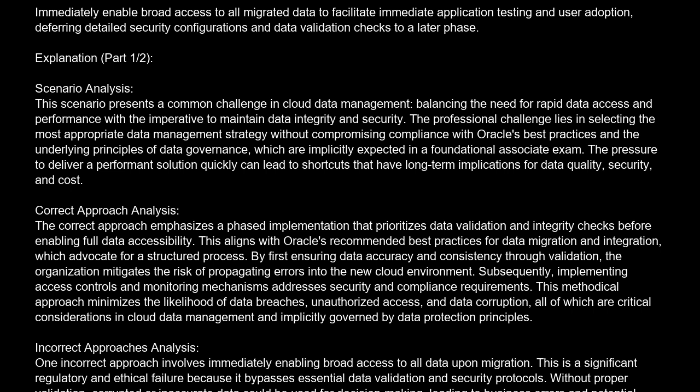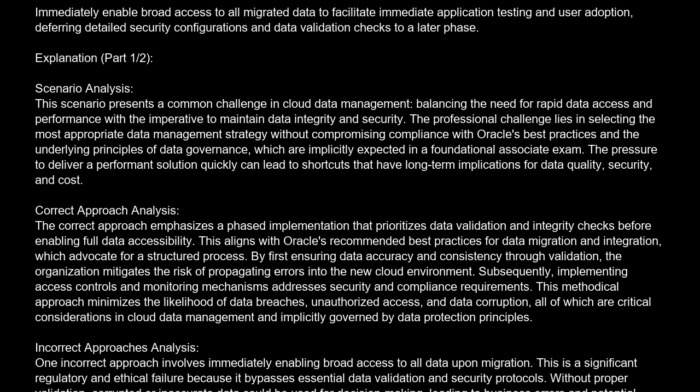Correct approach analysis. The correct approach emphasizes a phased implementation that prioritizes data validation and integrity checks before enabling full data accessibility. This aligns with Oracle's recommended best practices for data migration and integration, which advocate for a structured process. By first ensuring data accuracy and consistency through validation, the organization mitigates the risk of propagating errors into the new cloud environment.